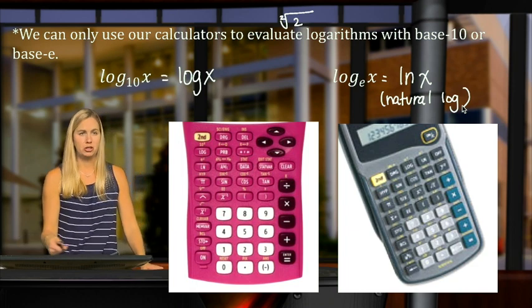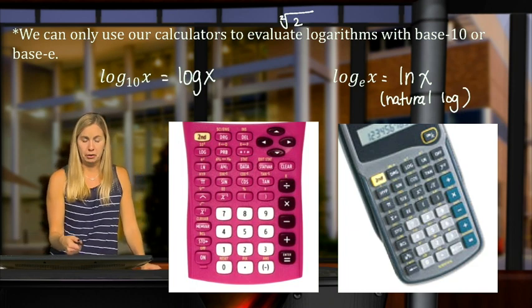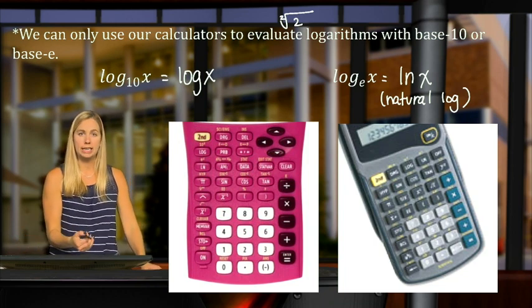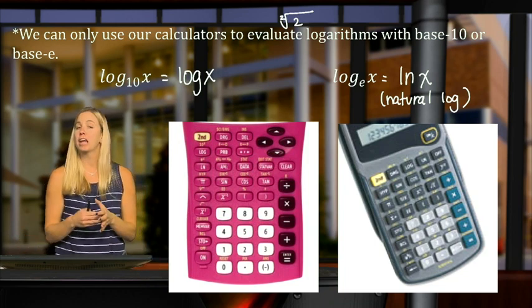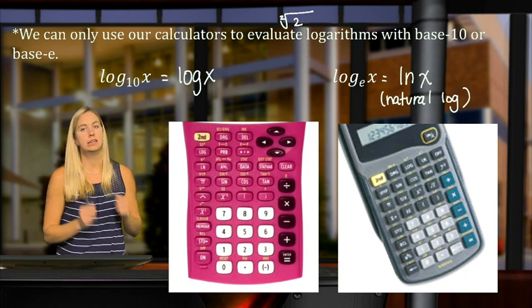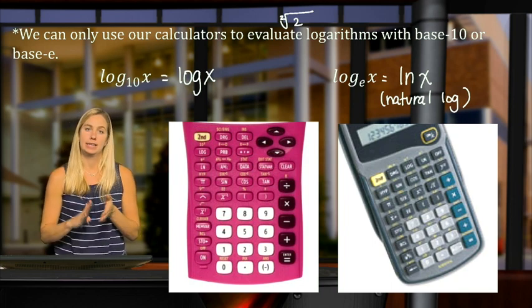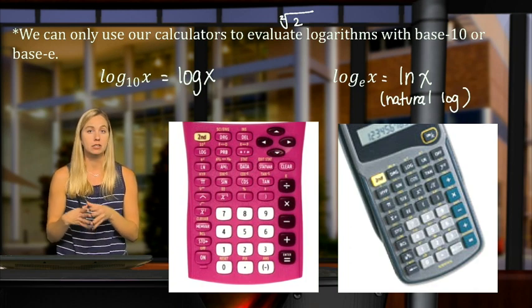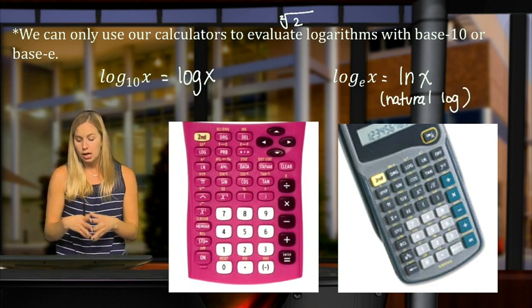Now I have these two pictures here. The pink calculator's all right. The one on the right is not fantastic, but I want you to get your calculator out, whatever calculator you plan to use on the exam. Remember that you're only allowed a scientific calculator, which you're going to need. A basic calculator will not have these buttons.